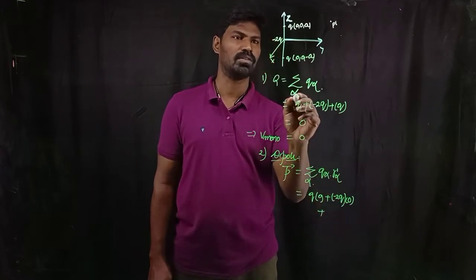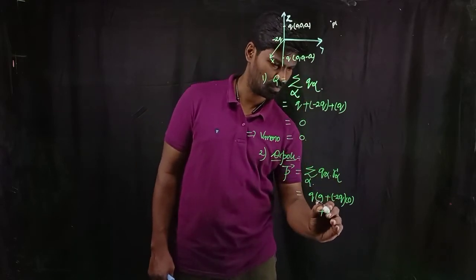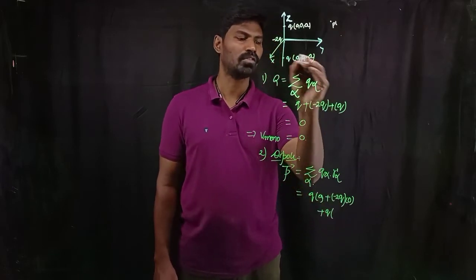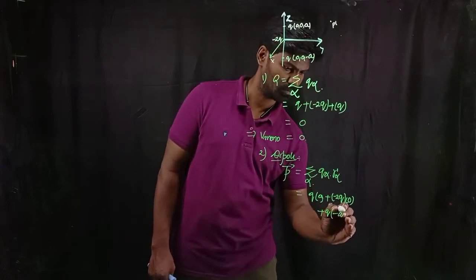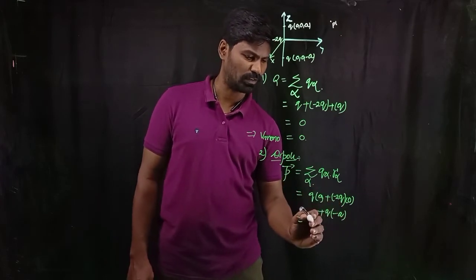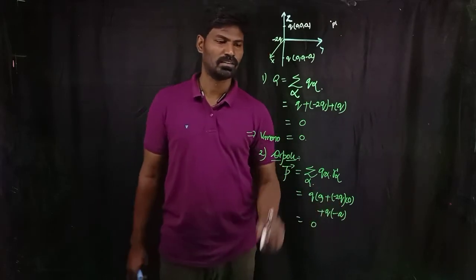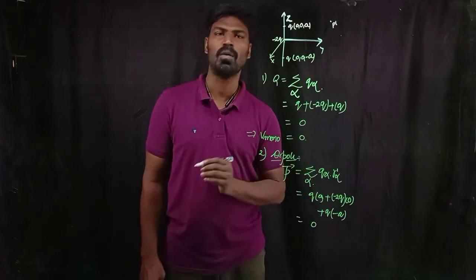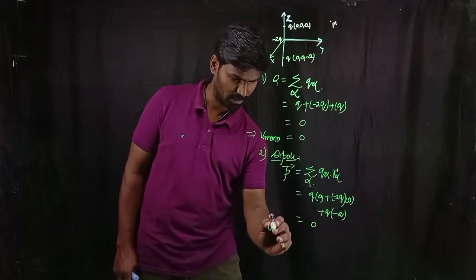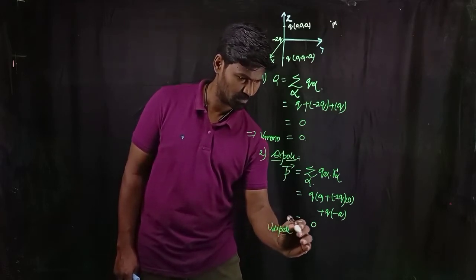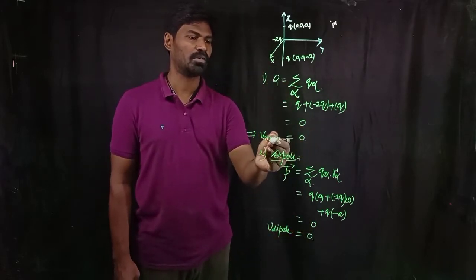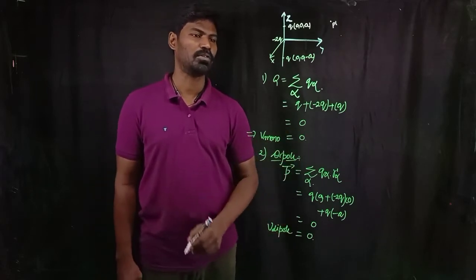Plus when alpha is 3, the charge is Q, and its location is minus a. So altogether Qa and minus Qa, and this term is also 0. As the total dipole moment is 0, the contribution to the potential by the dipole, V dipole, is also 0. Like this we calculated the monopole term and potential due to monopole, and the dipole term and potential due to dipole.